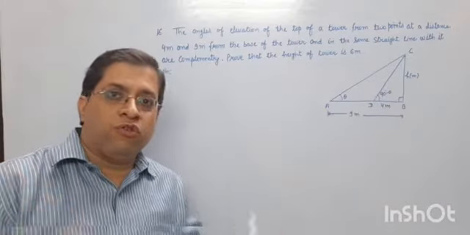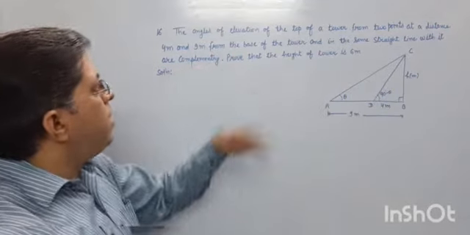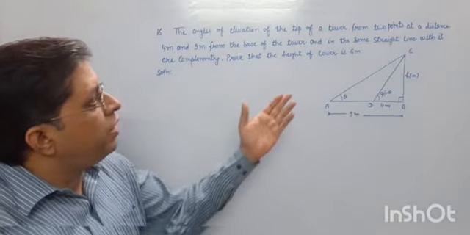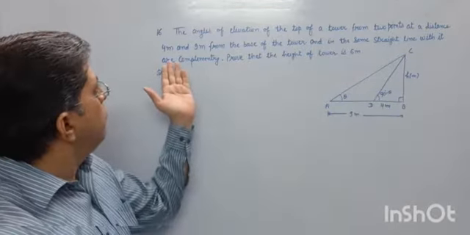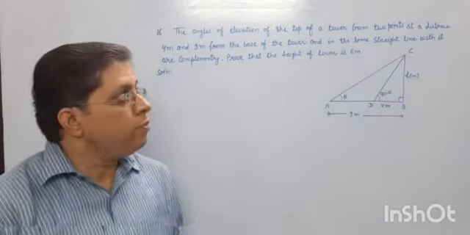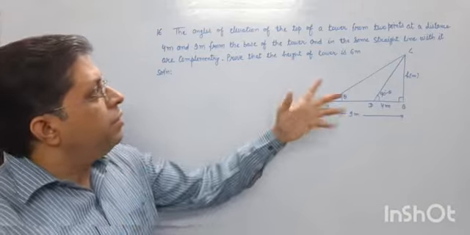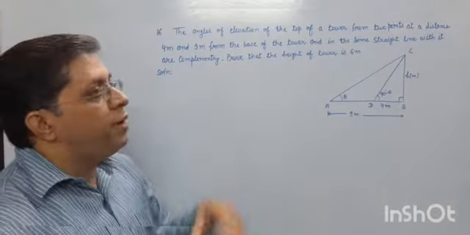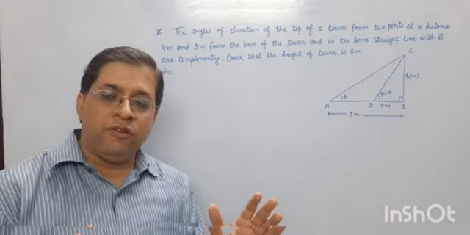Yes, the next question: the angles of elevation of the top of a tower from two points at a distance of 4 meter and 9 meter from the base of the tower, and in the same straight line with it, are complementary. Two angles of elevation are there.